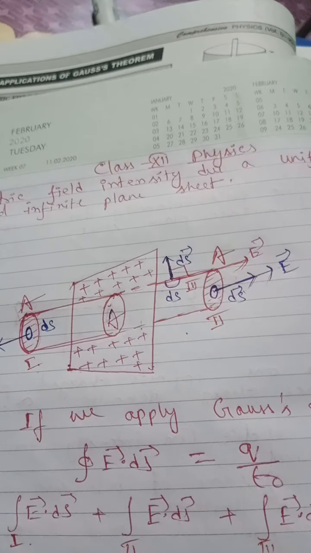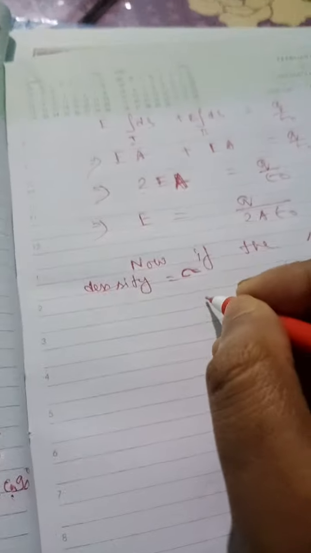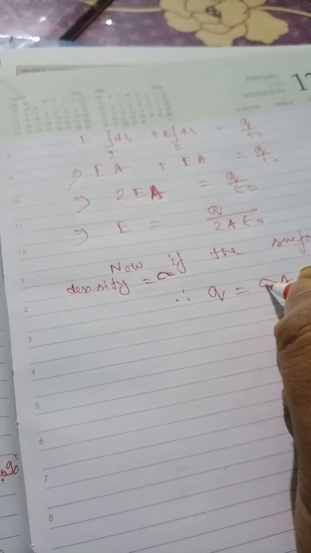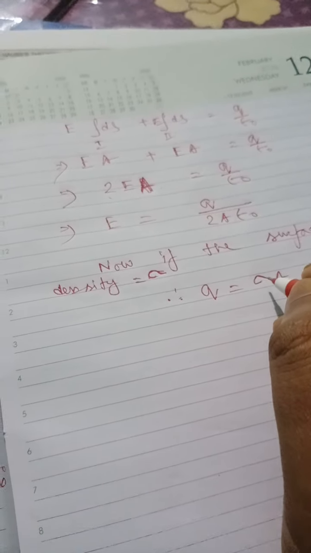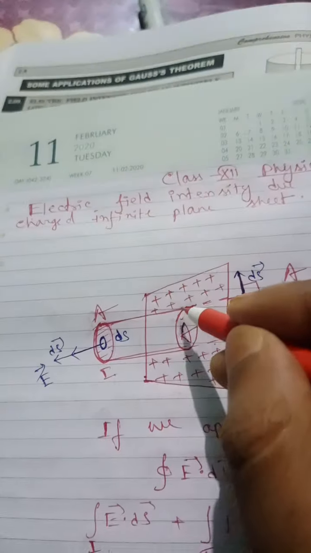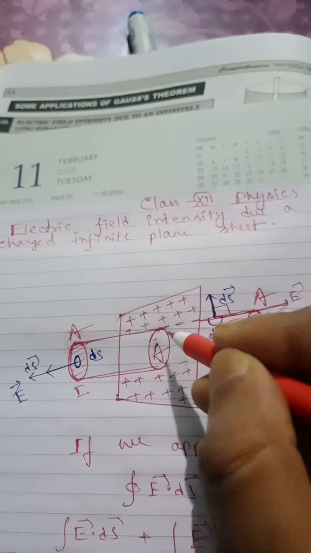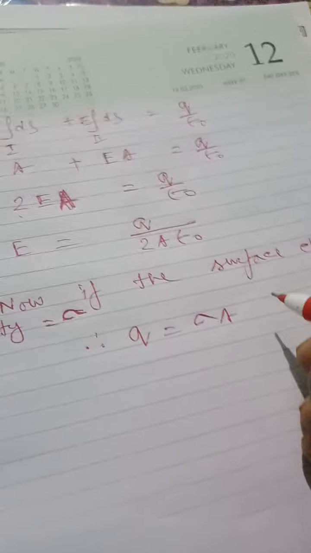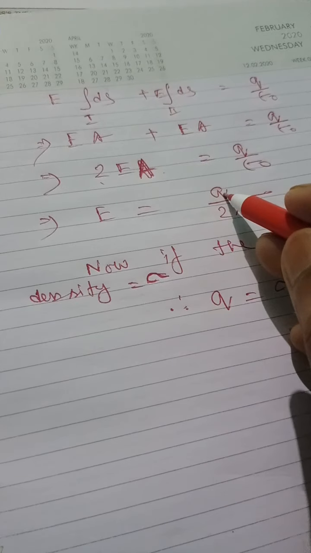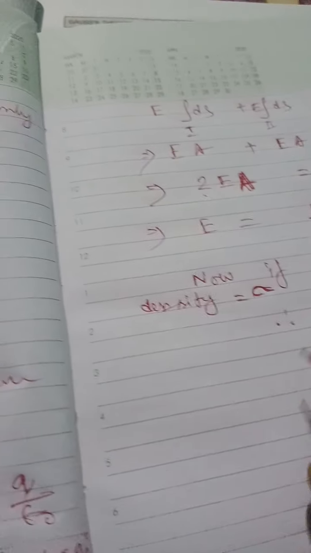Sigma into A. So we can write, therefore Q is equal to sigma into A, because for one area charge is sigma. So for A area, because here we take the A portion, the charge is sigma into A. So in place of Q we can put sigma into A.